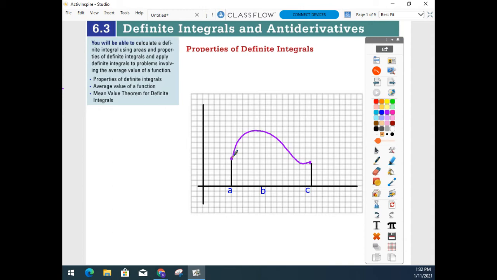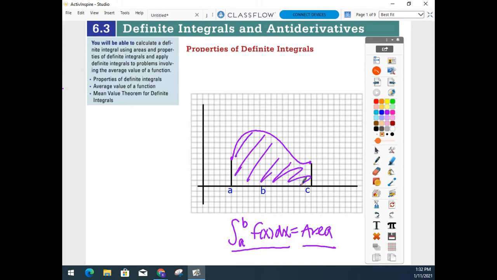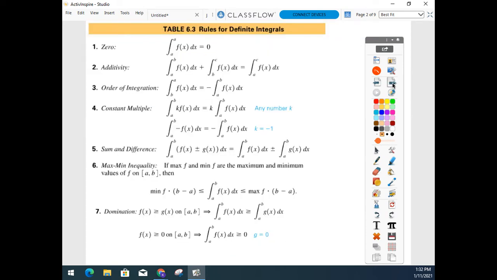Now, remember, if the function is all above the x-axis, the integral from A to B of the function is equivalent. The value of the integral equals the area under the curve. All right. So let's look at these properties.